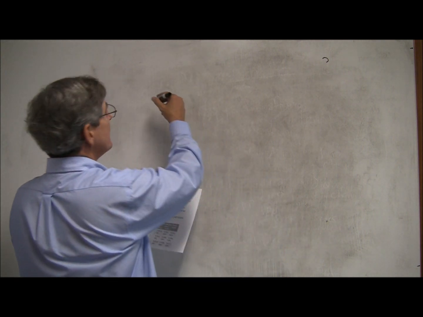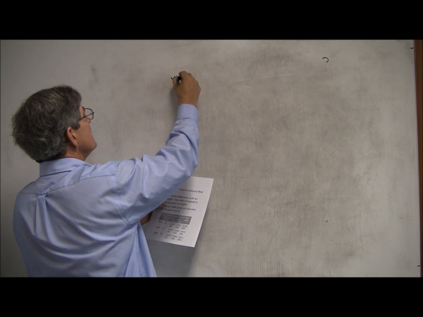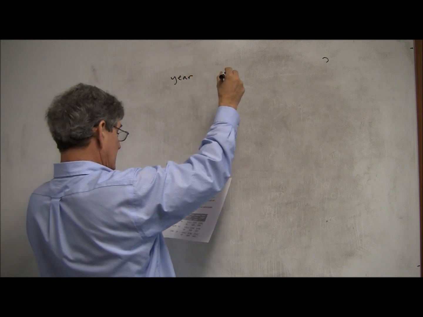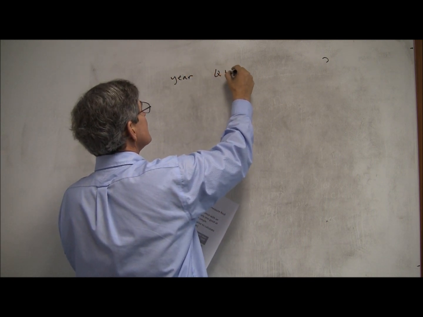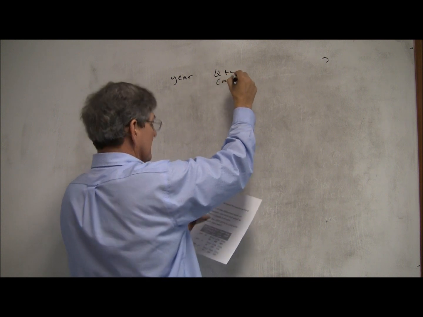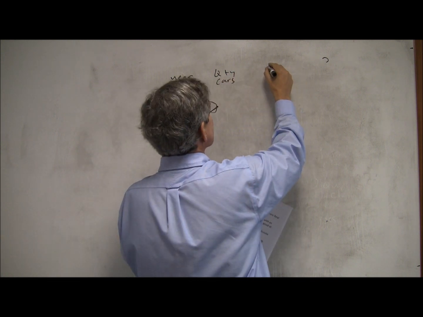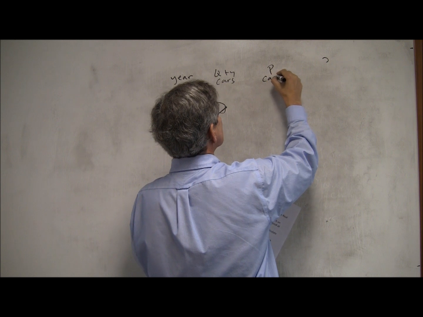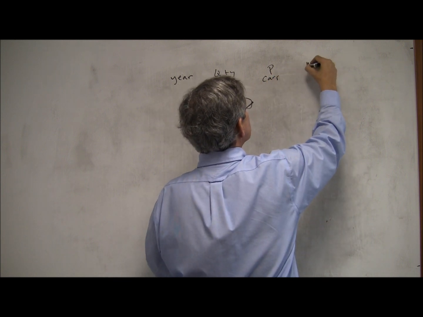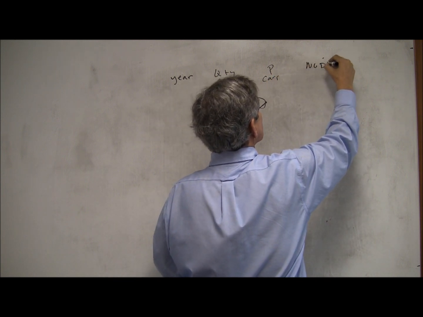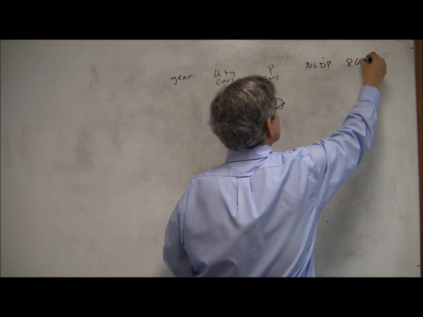So let's suppose there's 3 years. We're going to put up a table here. There's year, the quantity of cars, price of cars, nominal GDP, and real GDP.